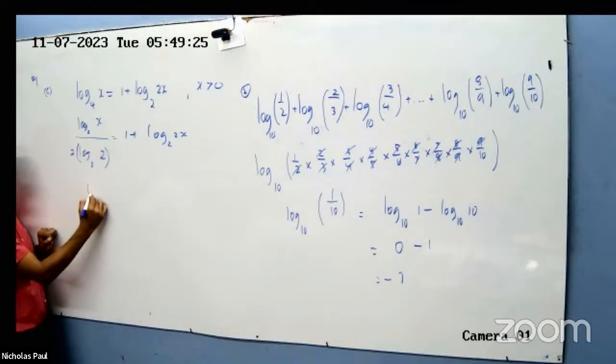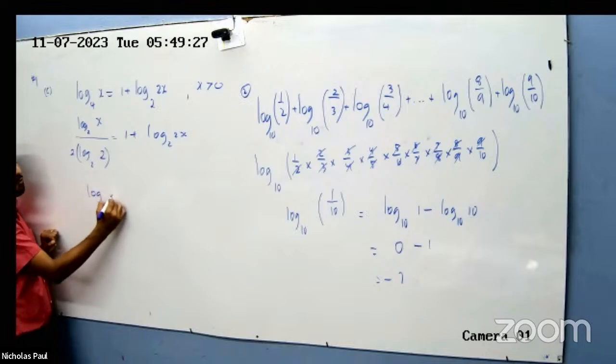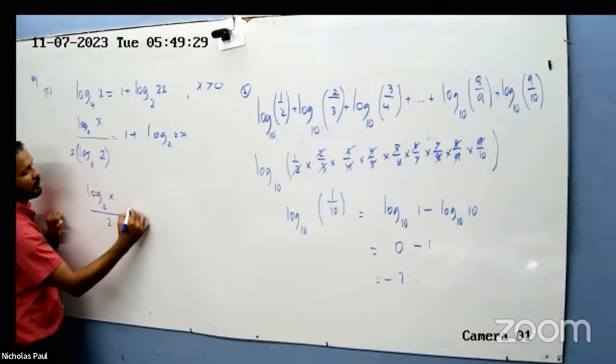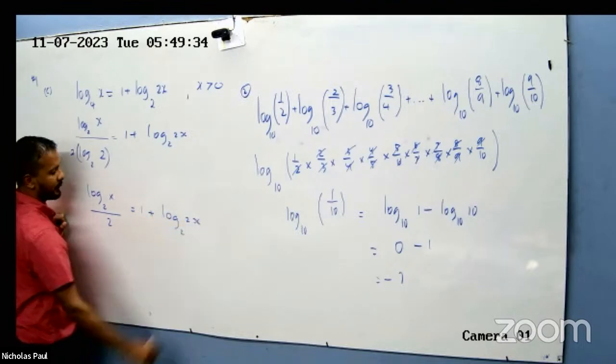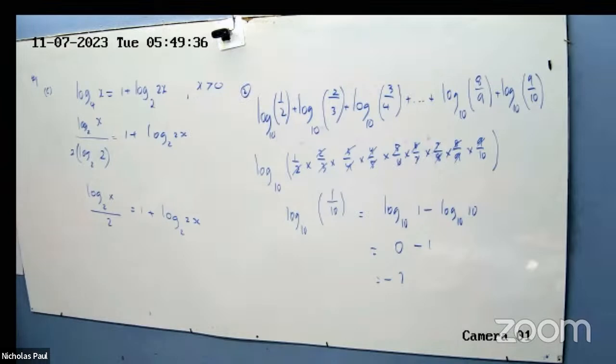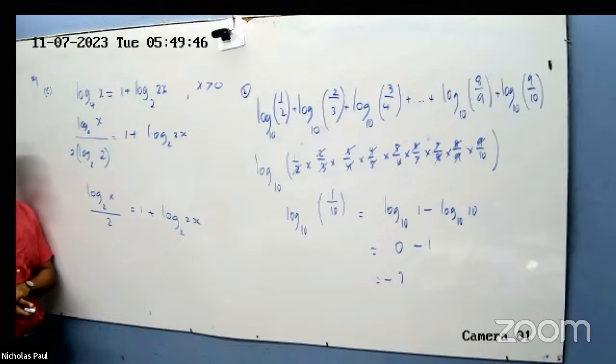So we're getting log to the base 2 of x all over 2 is equal to 1 plus log to the base 2 of 2x. If you want, you can do that, but I won't do that.